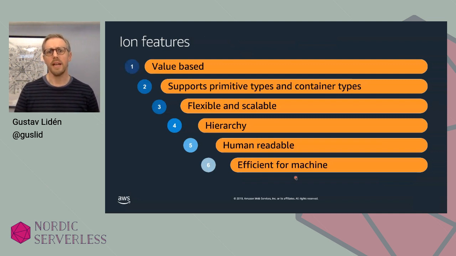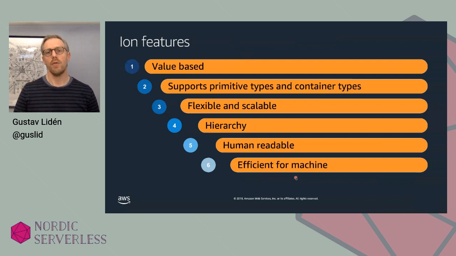It was designed as a superset, but it also has two representations: the text format, which we just saw, and a binary representation. So you have the possibility of going with either text or binary formats.